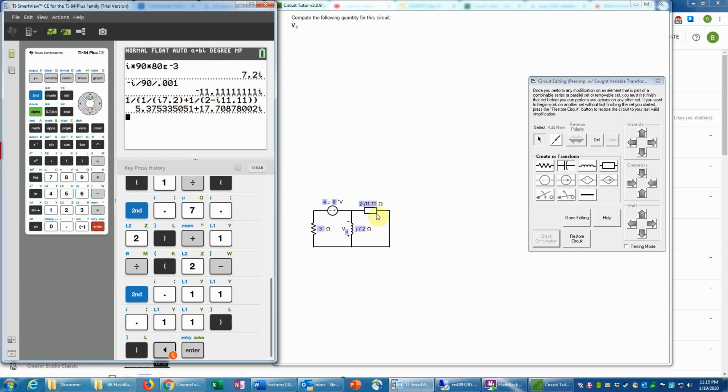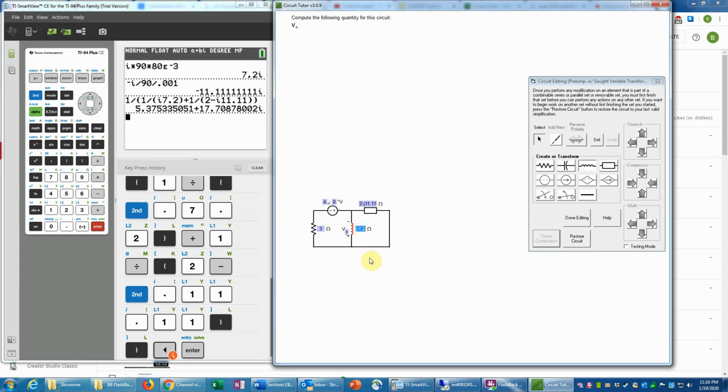So now, to avoid having to move this sought voltage, I'm going to enter this value directly here. So that will be 5.375 plus j17.71.